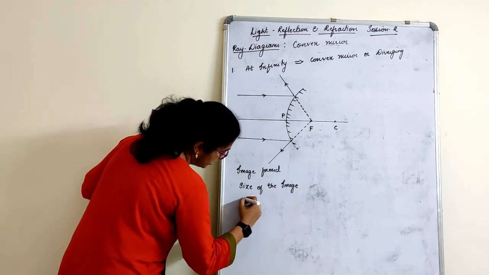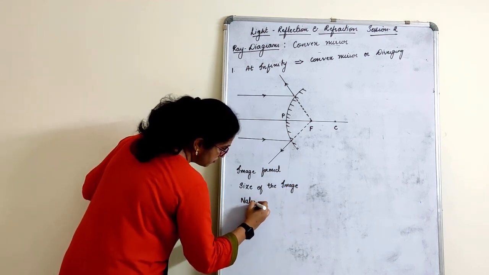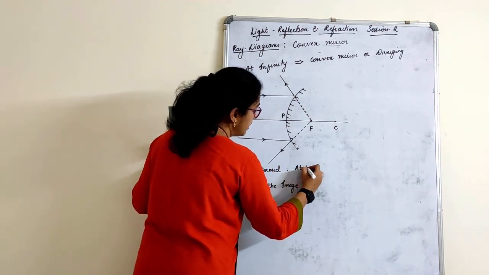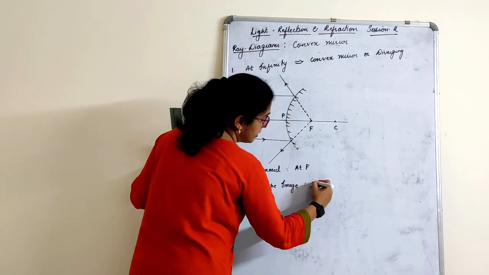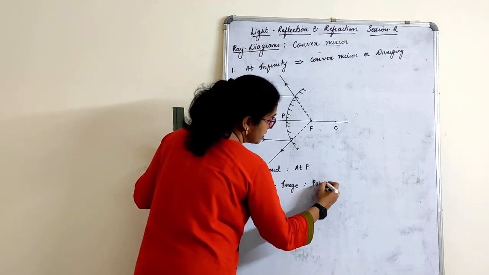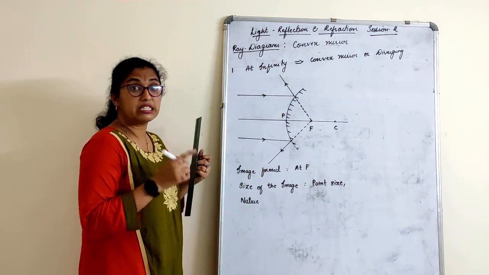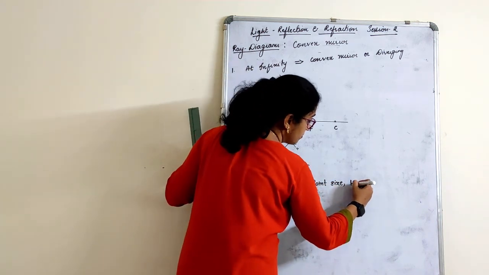Last is the nature. Image is formed at F. Size of the image, point size. So what are point size images called as? Highly diminished.